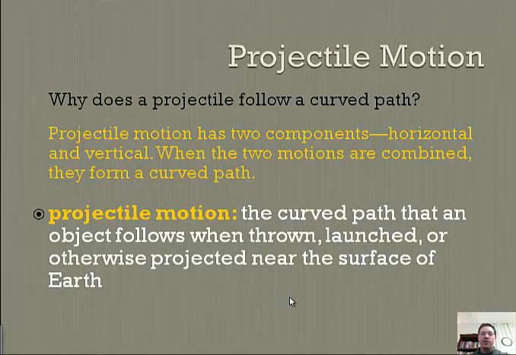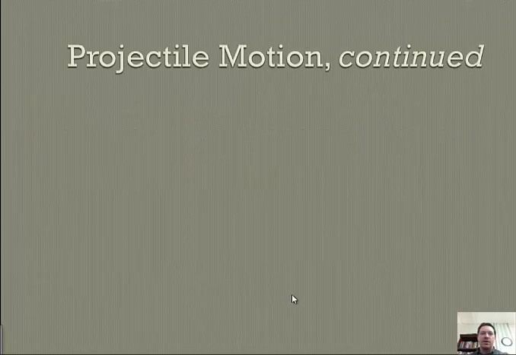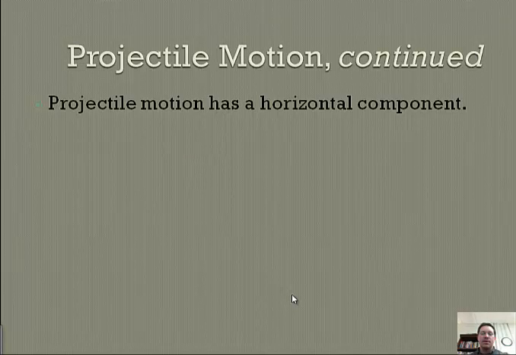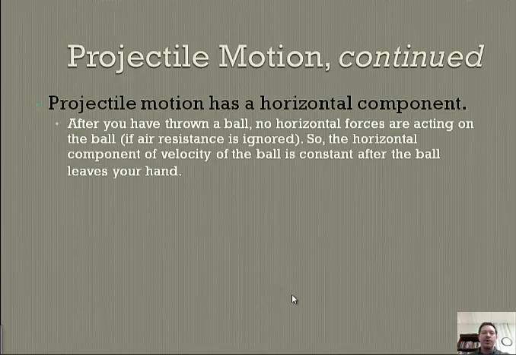So if you were to throw an object, well, let me go to this slide first. We have projectile motion having a horizontal component. So when you throw a ball, there are no horizontal forces acting on that ball any longer, as long as we ignore air resistance. So the horizontal component of the velocity is constant after the ball leaves your hand.